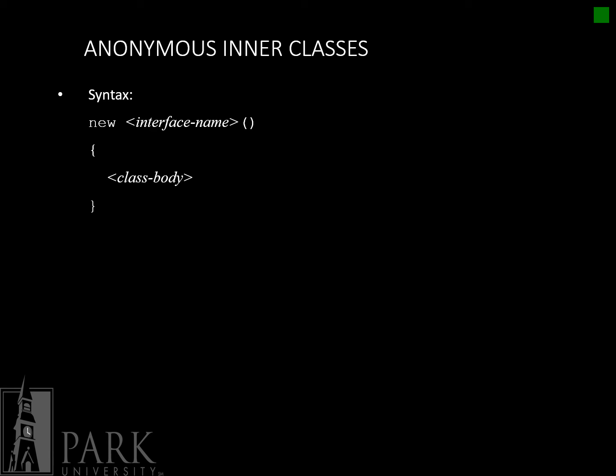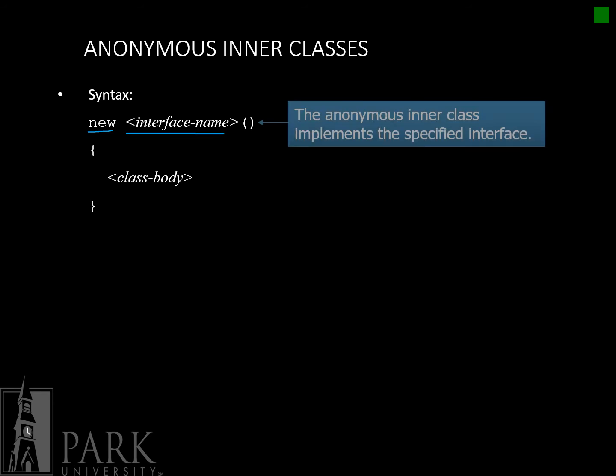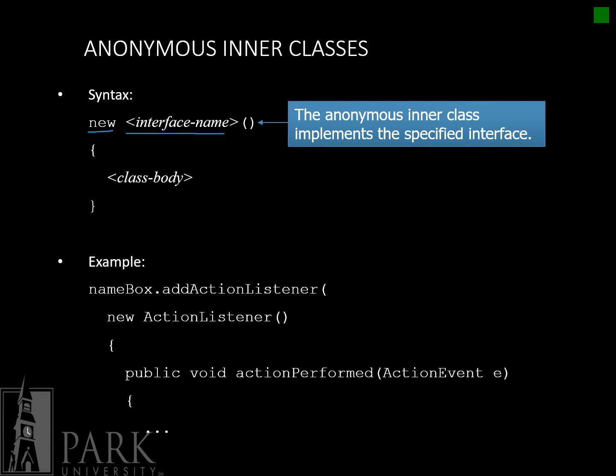So here's the syntax. You have the keyword new followed by the interface name. So the inner class must implement this interface name that we're going to pass in here, right? And here's an example of it. Here we're adding an action listener, and here we are saying, you know what, we're having a new action listener, which is an interface. It's not a class, but the body down here is actually the class that's going to implement the action listener.